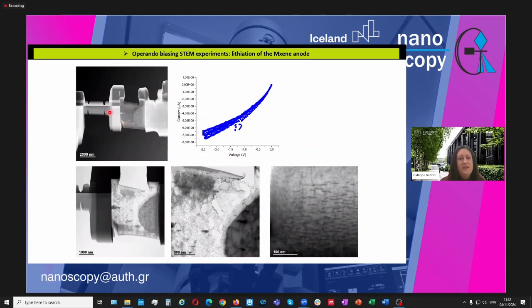We didn't observe any deterioration of the interfaces. The only first observation that we made was with respect to the electrolyte itself. You can see that after many cycles, the electrolyte started decomposing. So let's say that the electrolyte so far seems to be the most sensitive part of the battery.